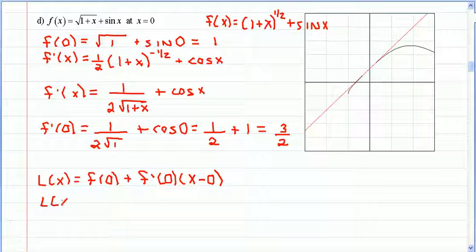So the equation is equal to 1 plus 3 over 2 times x minus 0. And if we write this in slope-intercept form, L of x is equal to 3 over 2 x plus 1.